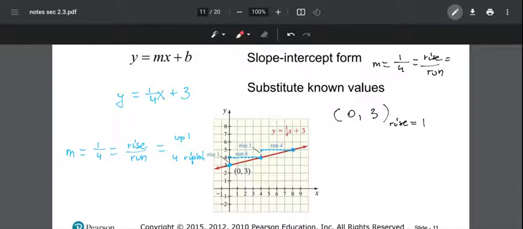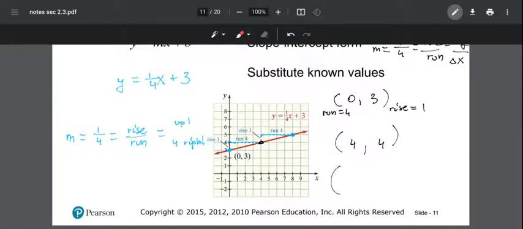Run is change in x. So change in y over change in x. The triangle represents change. So that means the run is equal to 4. So to find the next point, 0 plus 4 will give you 4, and 3 plus 1 will give you 4. So the point is 4, 4.